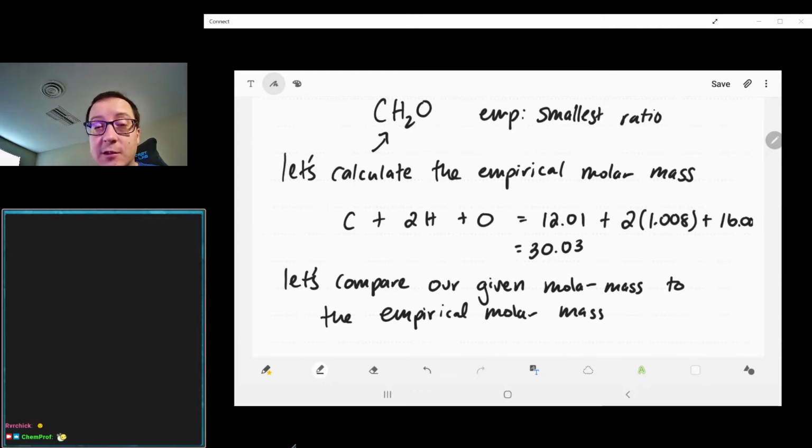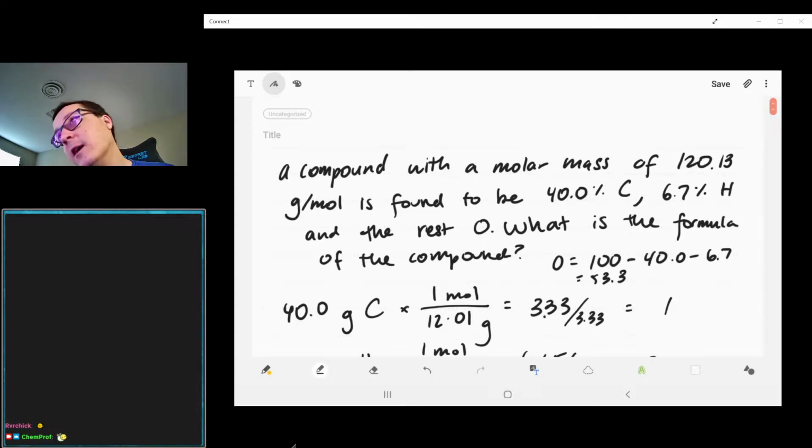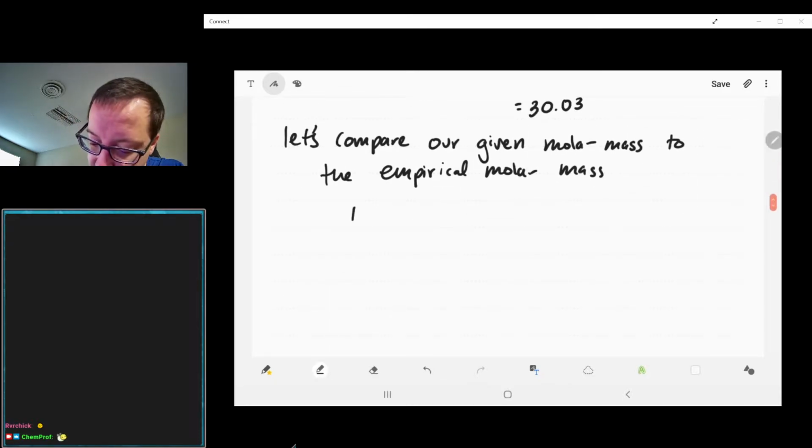Let's scroll up in the problem. It's told us that the molar mass of this compound is 120.13. So let's bring that down here. We have 120.13. And then we have our empirical molar mass.